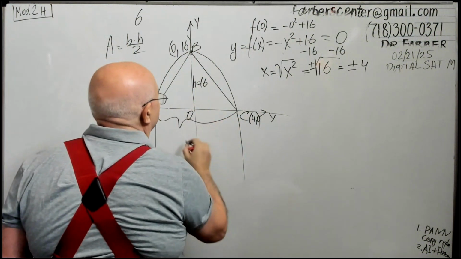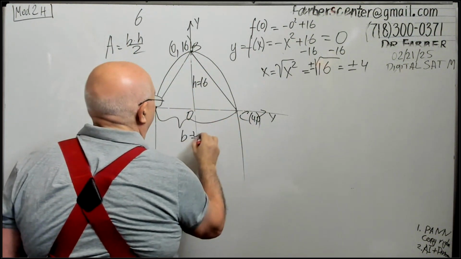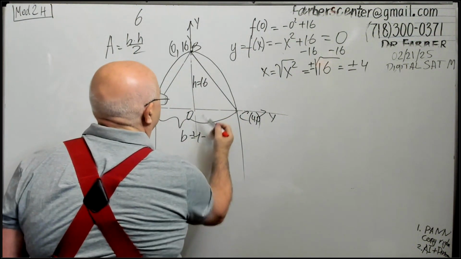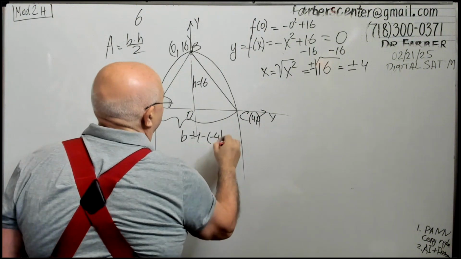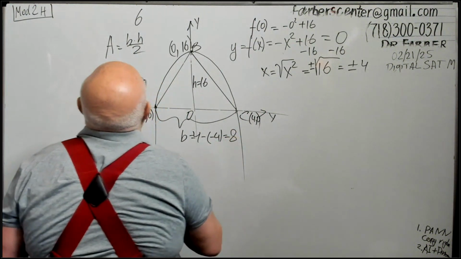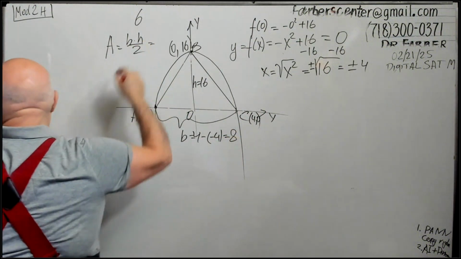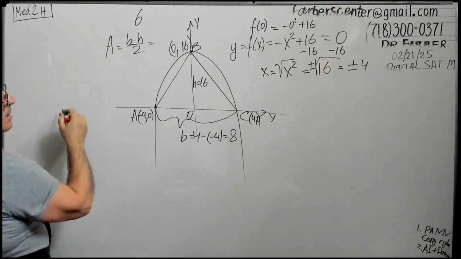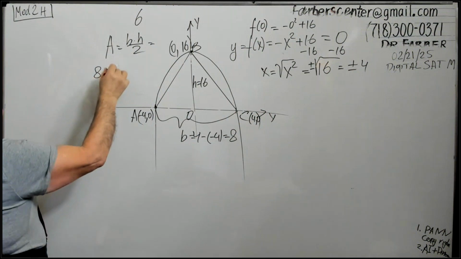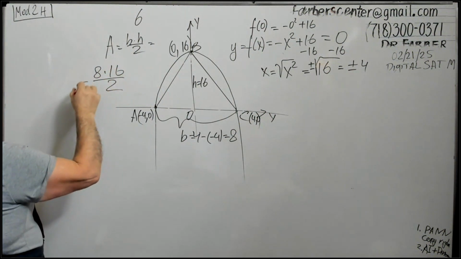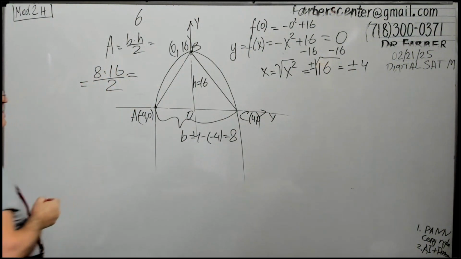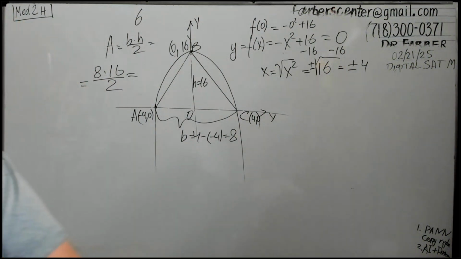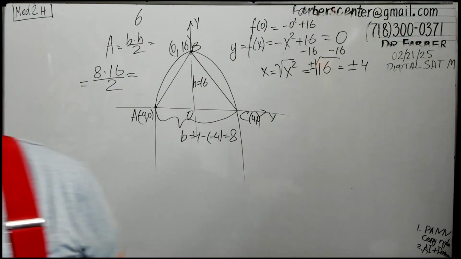And base equals 4 minus -4, which is 8. Plug in over there. What do you have? You have 8 times 16 divided by 2. When you multiply, you get the answer. Who understands this 100%? 100 students, 100, good.